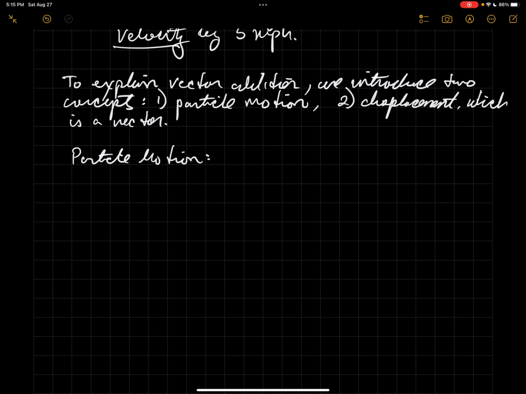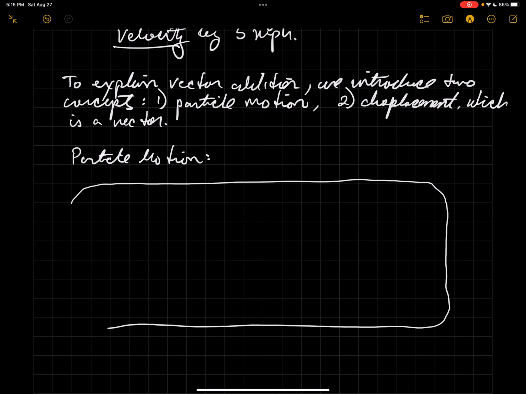If you need something a little more tangible to think about what a particle might be, imagine instead a pool table. Many of you have seen a pool table before. It has a certain length and a certain width, okay?